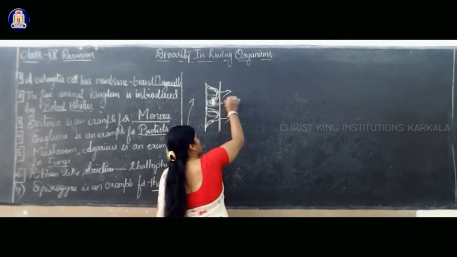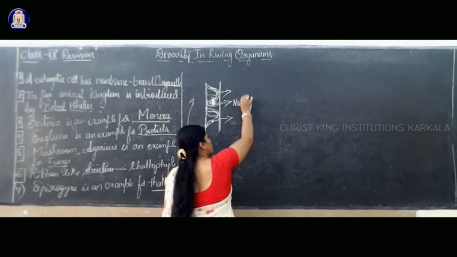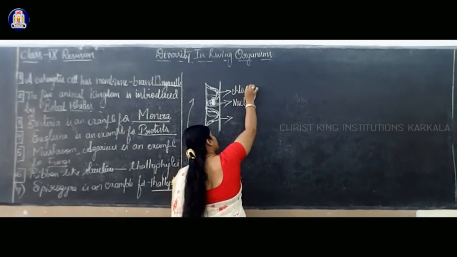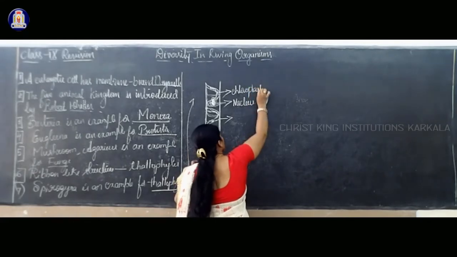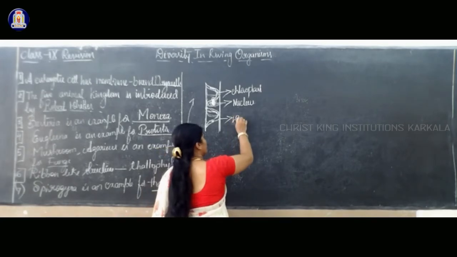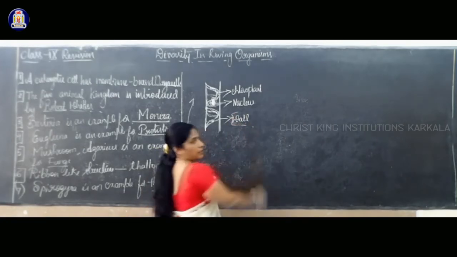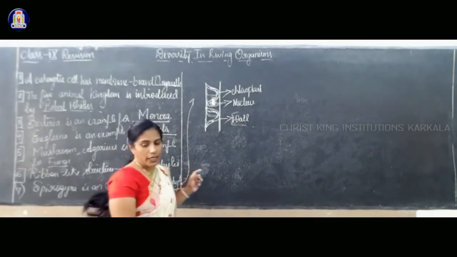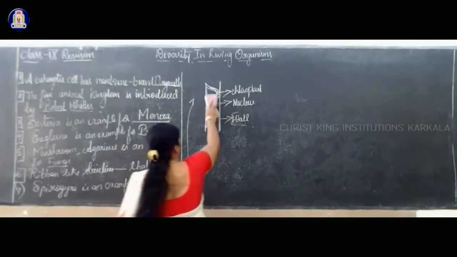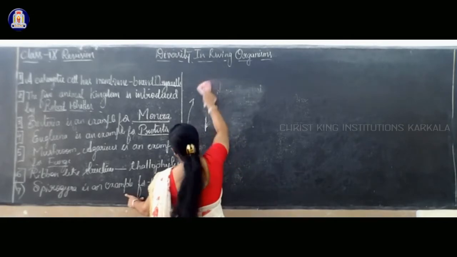This is well defined. Here it is nucleus, chloroplast. Next one, wall. So these are the structures in Spirogyra. This is a 1 mark question related to Spirogyra, which is thallus in structure.